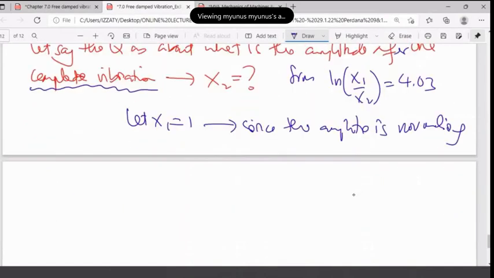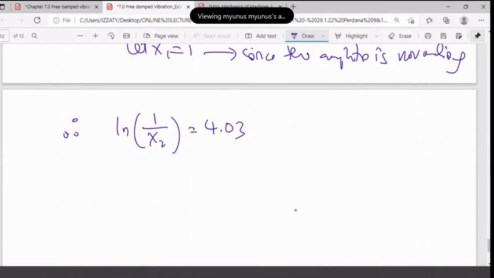Therefore, you have ln(1/x2) equal to 4.03. Then you will have 1 by x2 equal to 56.24. So therefore, x2 is equal to 1 by 56.24. That would be the value.